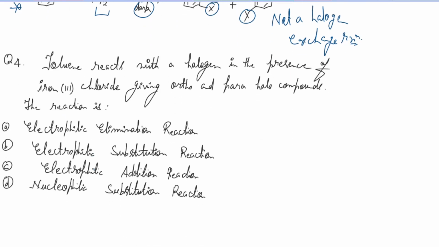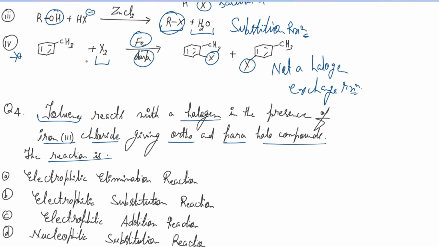Let's see. Toluene reacts with the halogen in presence of iron(III) chloride, giving the ortho and para halo compounds. This reaction is, okay, so in the earlier case, you can see this is your toluene, and it is reacting with the halogen in presence of iron, and the reaction is in the dark. So here you can see this is your ortho product, ortho-halotoluene, and this is para-halotoluene, right?